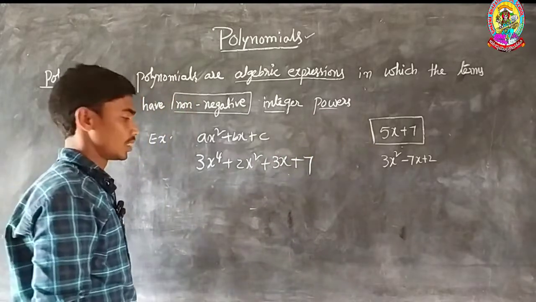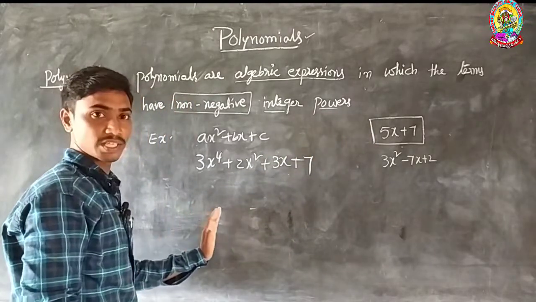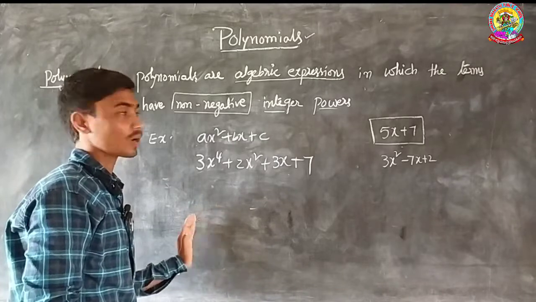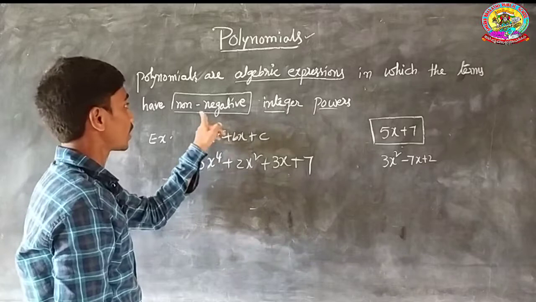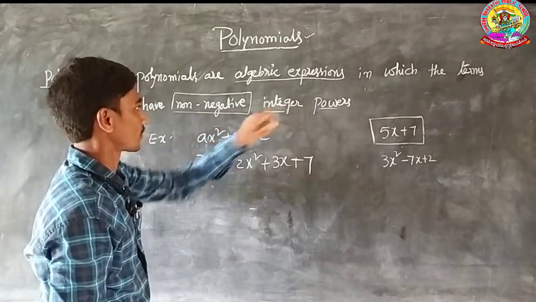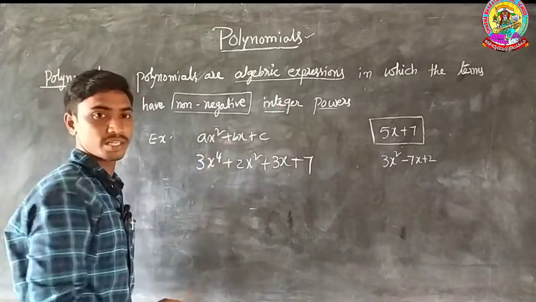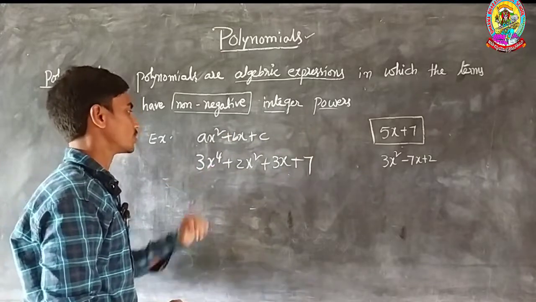Integers you already know. Positive numbers, negative numbers including 0 are called integers, but here the term must contain a non-negative integer power, which means the power should not be negative.